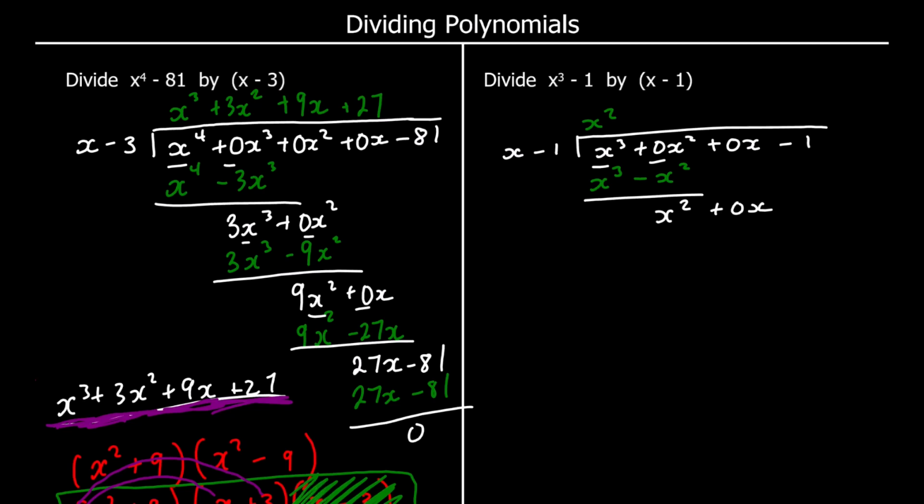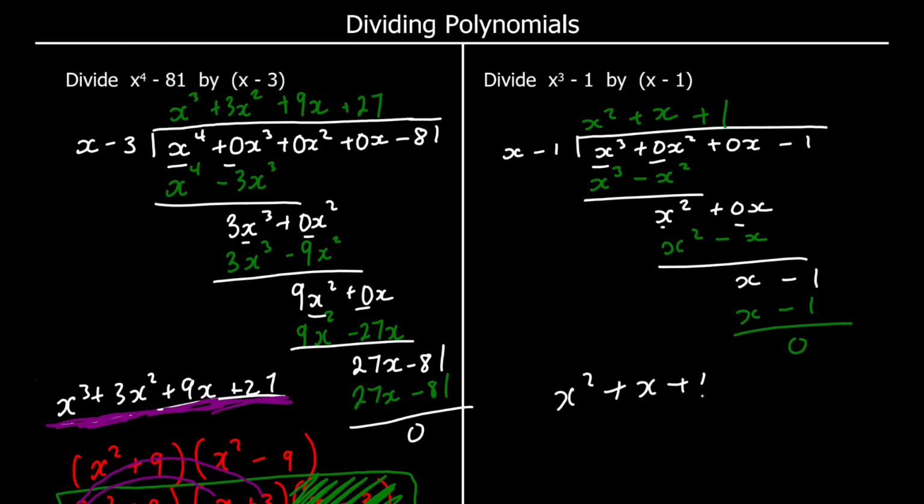X squared over x will be x times by the x, so x squared minus x, take away, so that's going to be just x, bring down the next term, and then x over x is just 1 times by the 1, there's no remainder, so we've got x squared plus x plus 1.